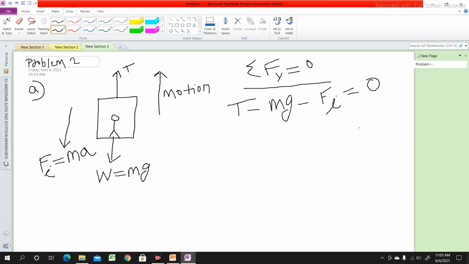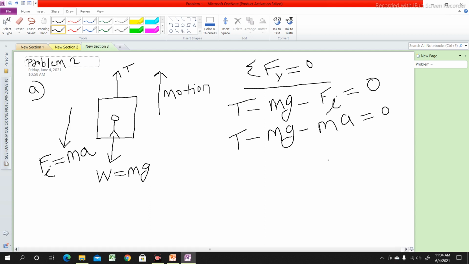So how will we find it? We have the equation summation Fy equal to 0. It is T minus mg minus Fi is equal to 0. Let us further solve this equation. I can write T minus mg minus Fi, and Fi I can write as ma, m into a, is equal to 0.